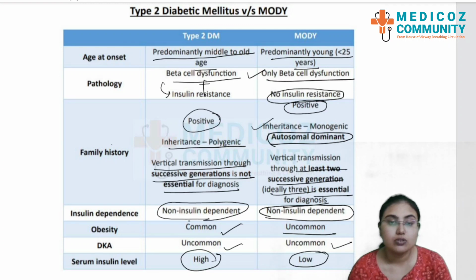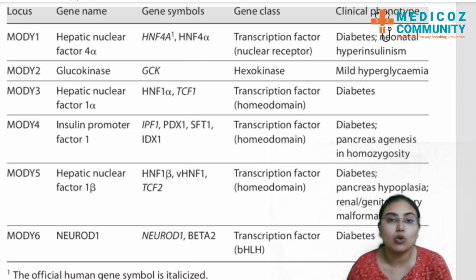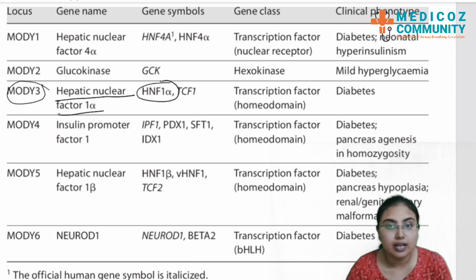Okay. So the final discussion for today's topic is going to be what are the different genes that have been asked multiple times in your NEET or your next exam. It is going to be your MODY type 3, which is the most common. This is HNF1 alpha, that is hepatic nuclear factor 1 alpha. I want you to remember this.